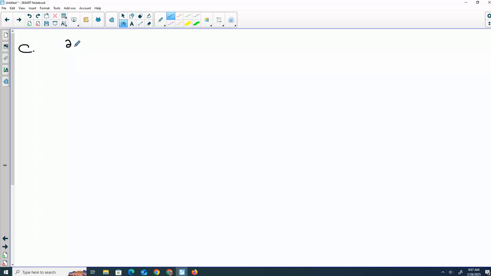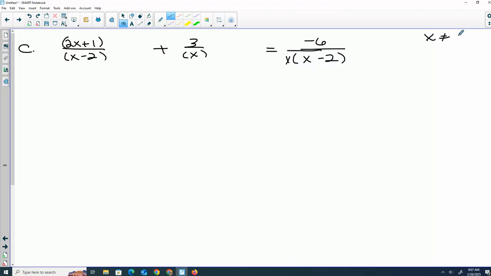So we have 2x plus 1 over x minus 2, we have 3 over x, and over here it's a negative 6. If you factor the denominator, you can take out an x, so x minus 2. So right now, what can x not equal? 2 and 0.